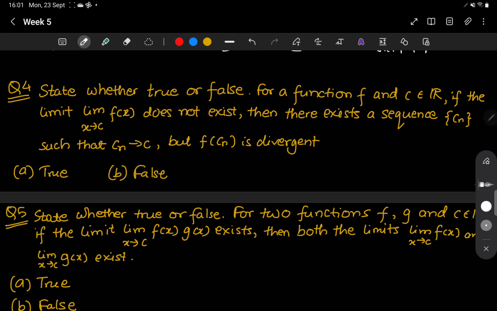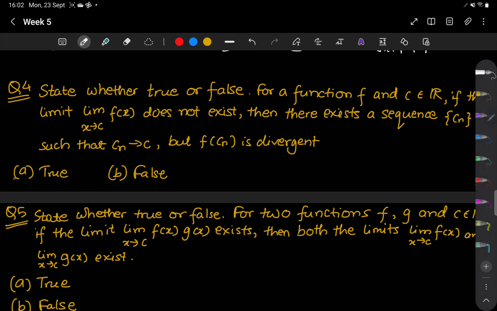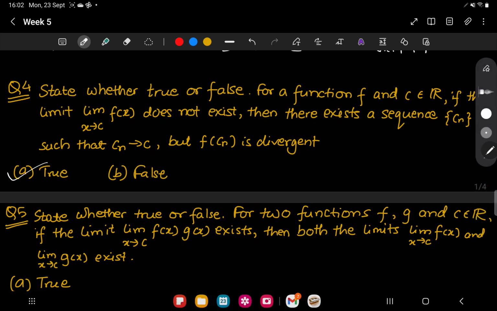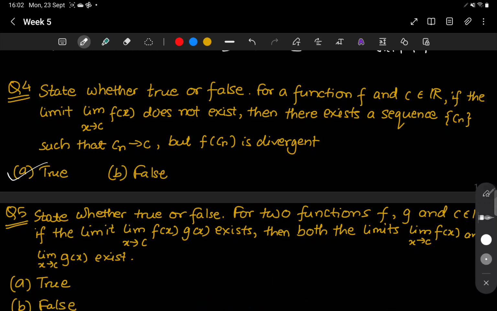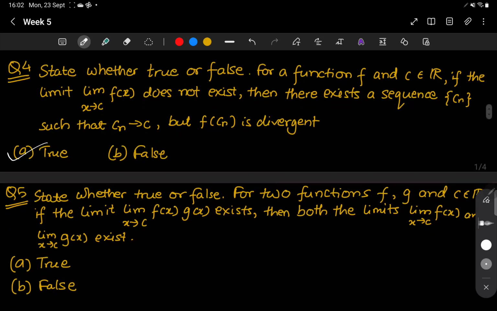Okay, now we will discuss the answer. So the correct option is true, and this comes from the definition for limit that we had. Remember, in the lecture we saw the definition for limit in two forms. First one was in the form of sequences, and the second one was in terms of the epsilon delta definition.